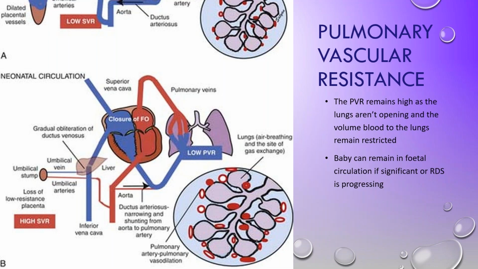Baby can remain in fetal circulation if it's significant or if respiratory distress syndrome is progressing. We mostly see this fetal circulation persisting in large babies with meconium aspiration.